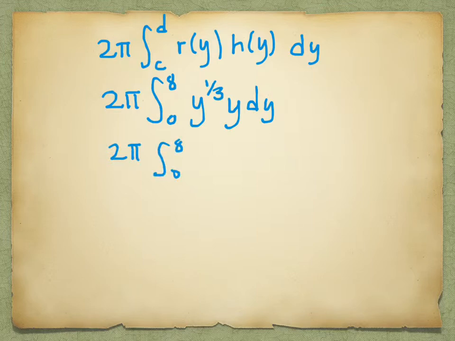I think we have time to finish this. What's y to the 1/3 times y? Nobody remembers. 4/3, right? This is 1/3 plus 1. That's 4/3. Y to the 4/3 dy. Okay, so how do I integrate y to the 4/3?